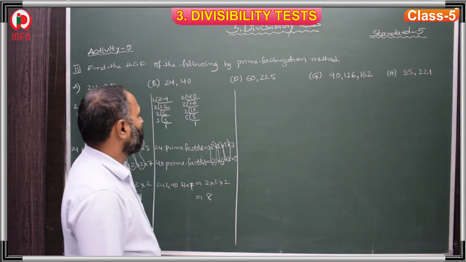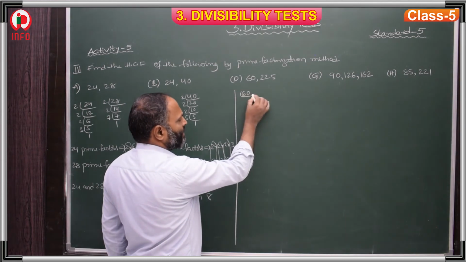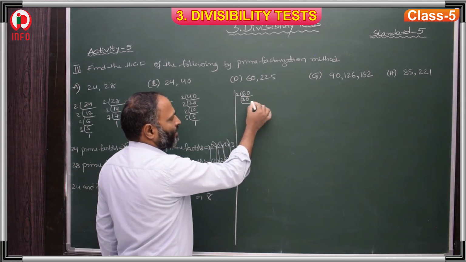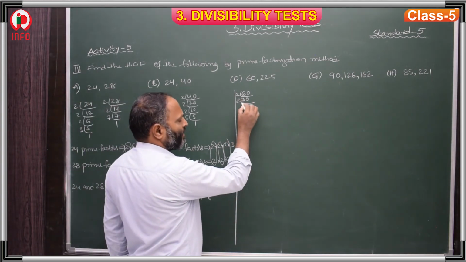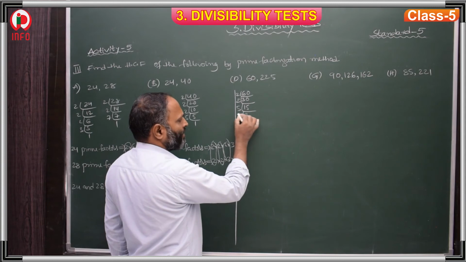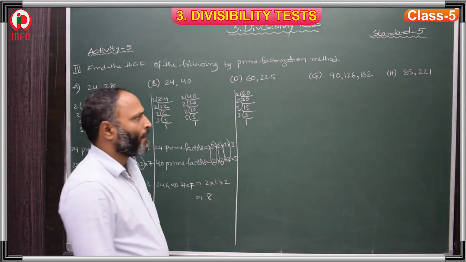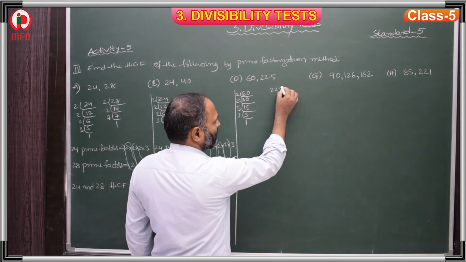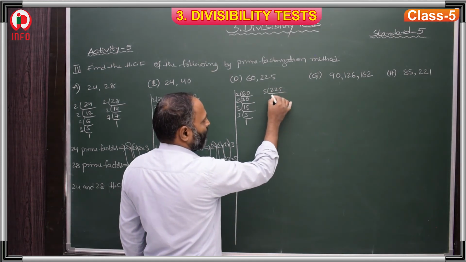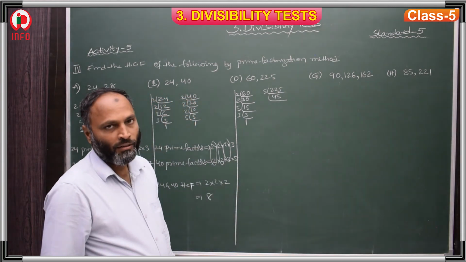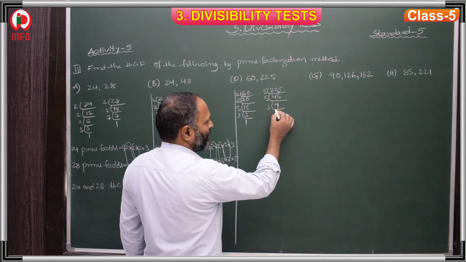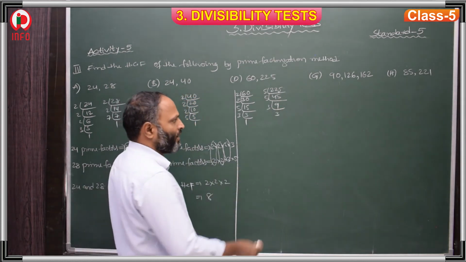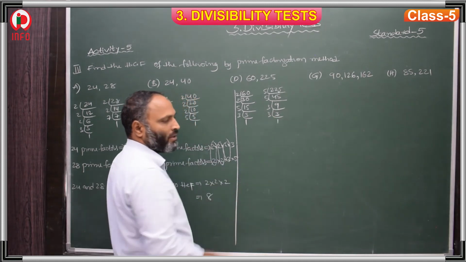Now 60 and 225. Prime factors first we have to write. 60: 2 30s are 60, 2 15s are 30, 5 3s are 15, 3 1s are 3. Now 225: 5 45s are 225, 5 9s are 45, 3 3s are 9, 3 1s are 3.